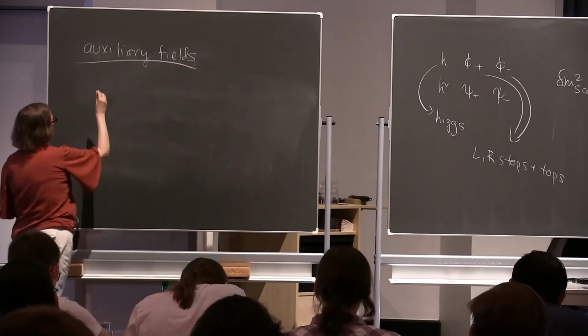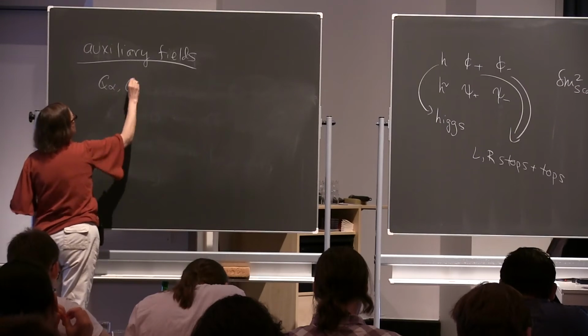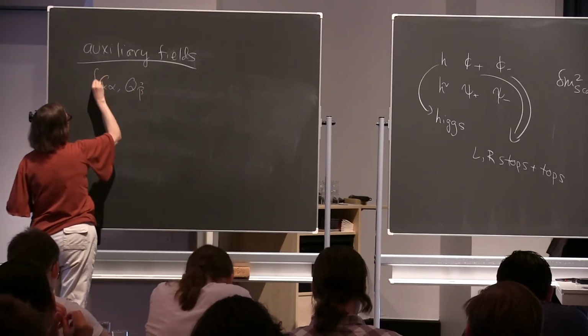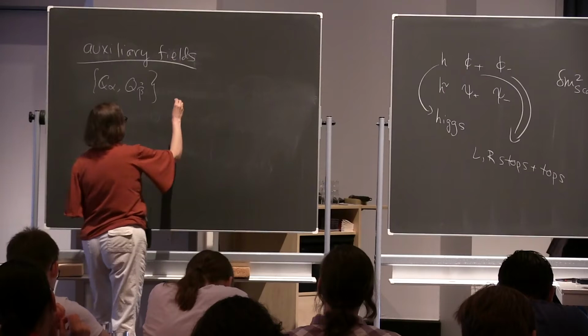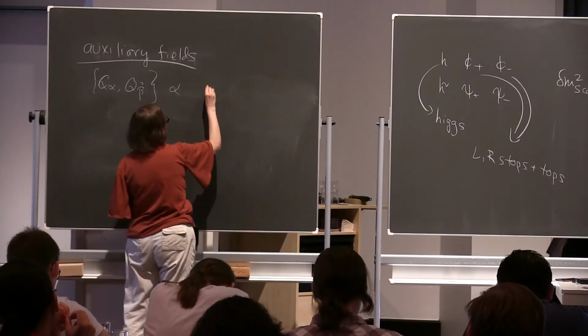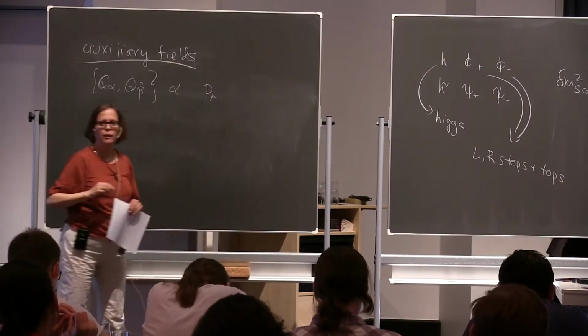You remember that last time we said that if we take the anti-commutator of two supersymmetry generators, we get something that's proportional to translations.